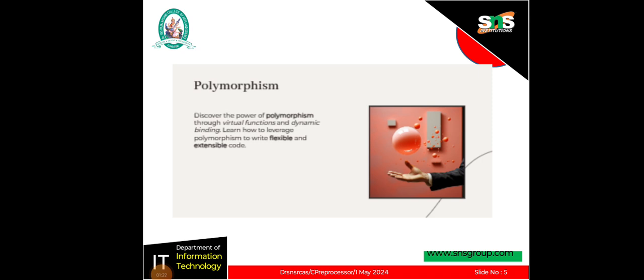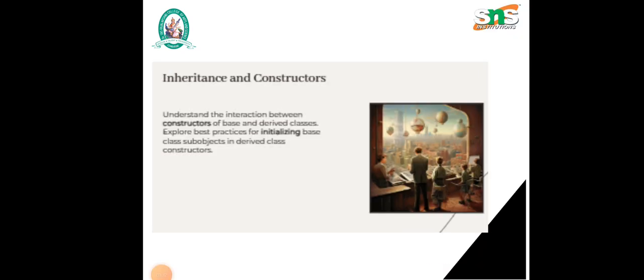Polymorphism: discovering the power of polymorphism through virtual functions and dynamic binding makes code very flexible and extensible. Then inheritance and constructors: by understanding the relationship between the constructors of the base class and derived class, we learn the best practice for initialization of the base class sub-object in the derived class constructors.